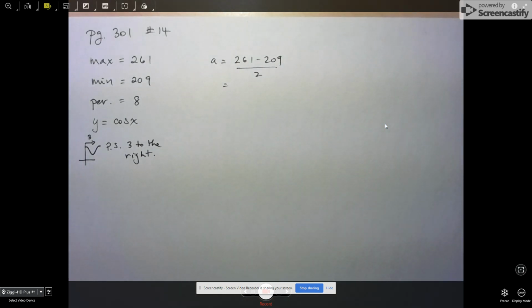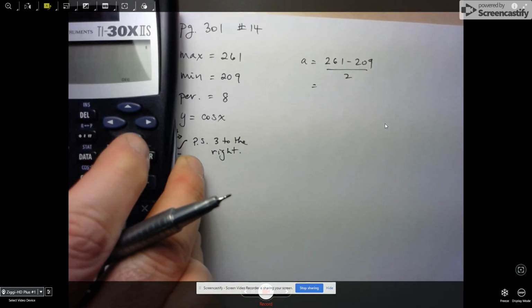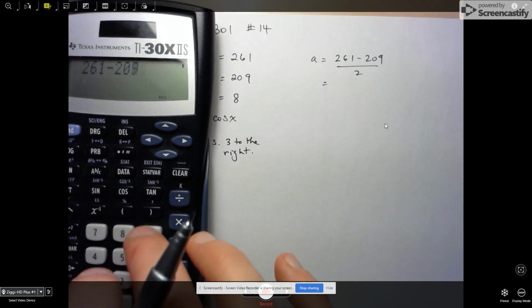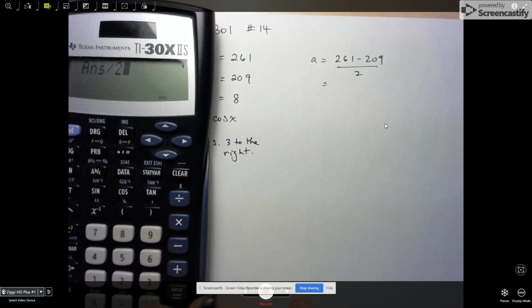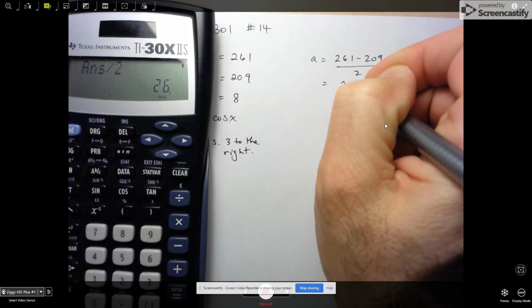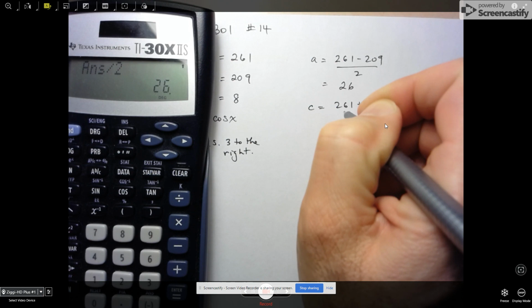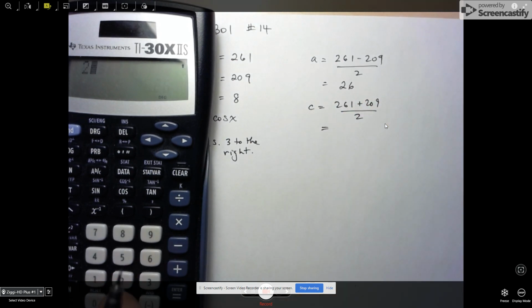I don't feel like doing this in my head, so let's do it. 261 minus 209 divided by 2. Okay, we've got 26. Then our C value, 261 plus 209 divided by 2. So 261 plus 209 divided by 2.